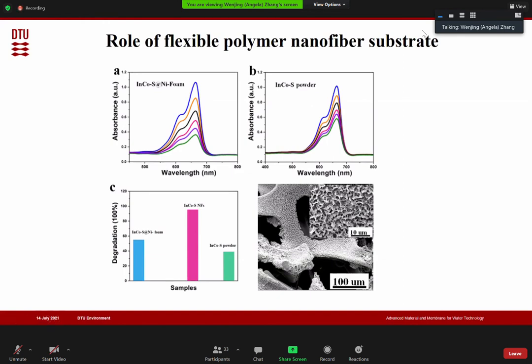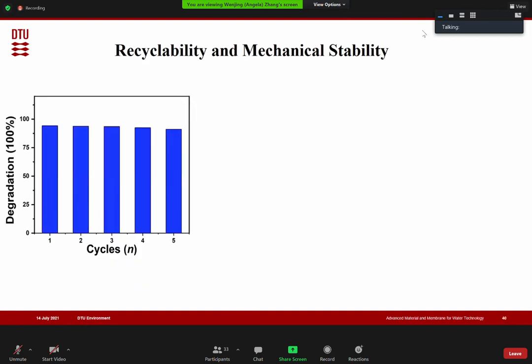With exactly the same procedures, we found that when we have flexibility in our substrates, the removal efficiency is much higher compared to the rigid substrate, and also higher than the powder form. So in that case, the flexibility of the PAN nanofiber did contribute to enhancing the piezo effect.